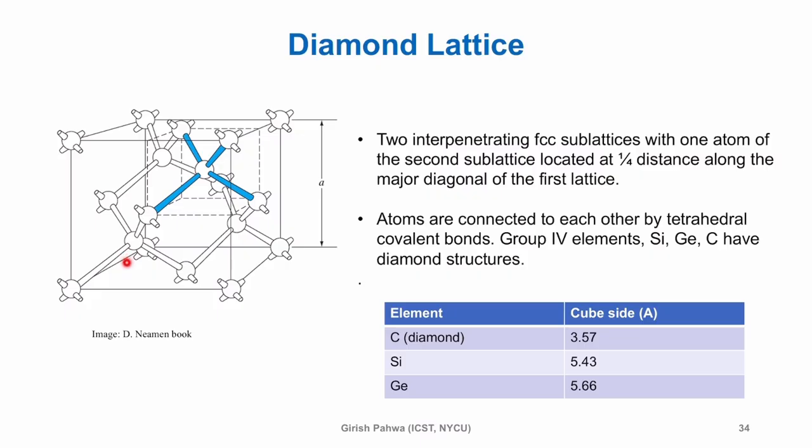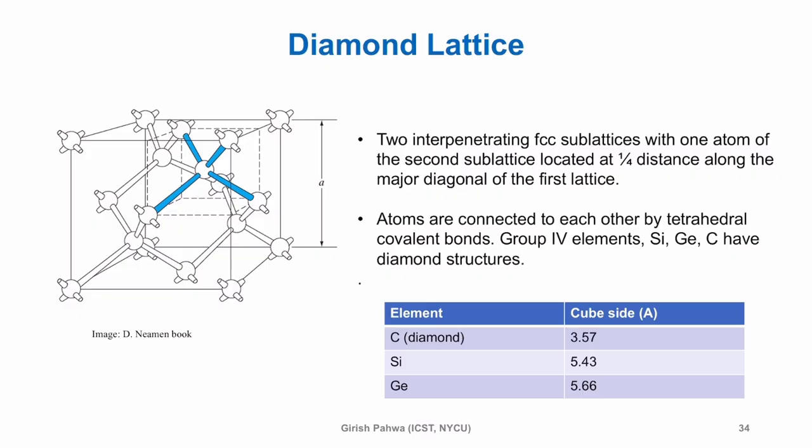You probably won't be able to think about it right now. Go home and Google search or see the pictures. So I have an FCC lattice and its diagonal, and assume that there is another FCC lattice which is completely overlapping the first one right now. Now I'm going to push that FCC lattice along the diagonal by 1/4, and I will be able to get this.